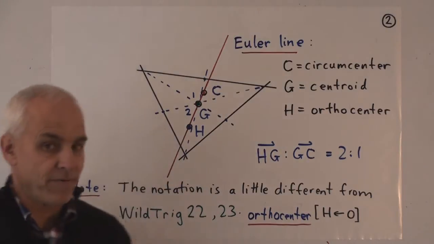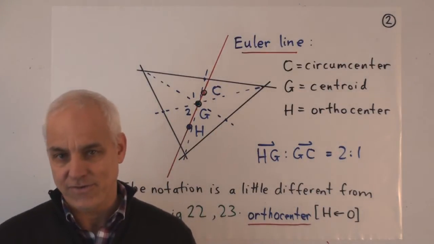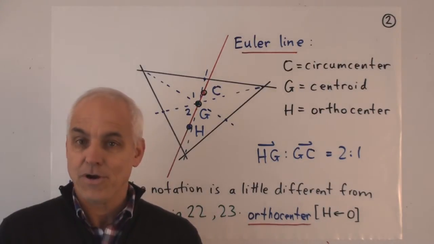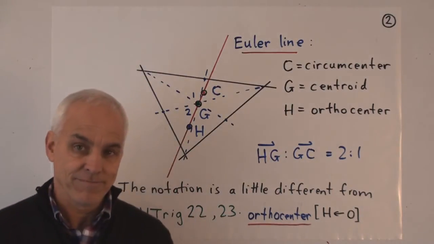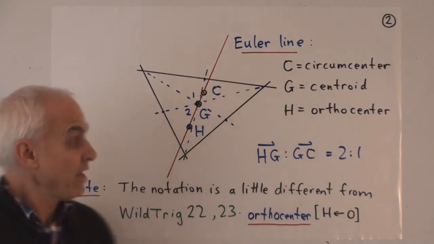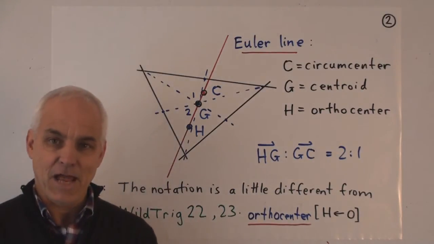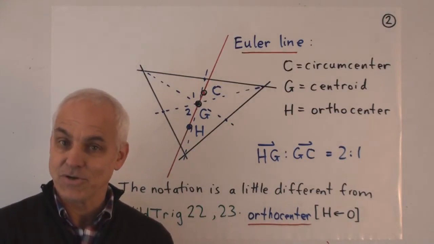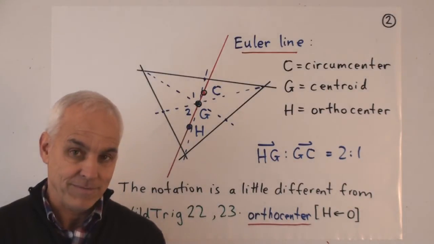So a natural question is, well, in hyperbolic geometry, is there an analog of this? Are there centroids? Are there circumcenters? We've already seen that orthocenters exist. So do centroids, do circumcenters, and if so, is there something like an Euler line? It's a natural question. Well, it turns out that centroids and circumcenters do exist sometimes, but not always.